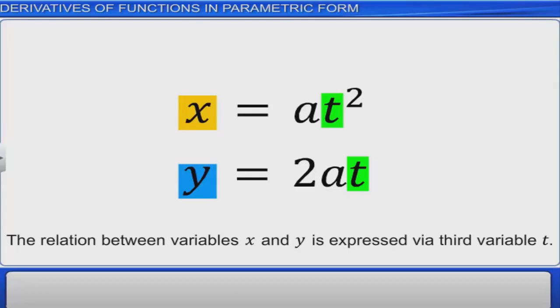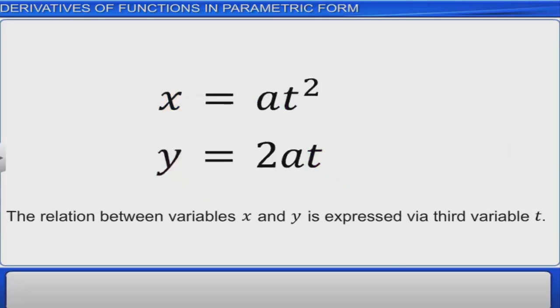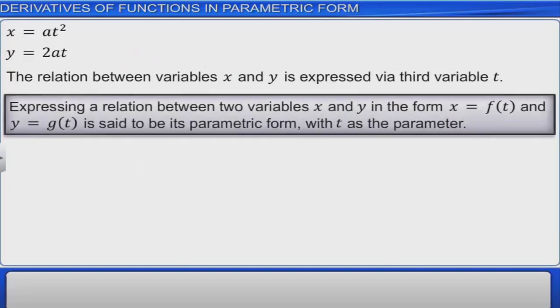This third variable is known as the parameter. Expressing a relation between two variables, x and y, in the form of x is equal to f of t and y is equal to g of t is said to be its parametric form, with t as the parameter.